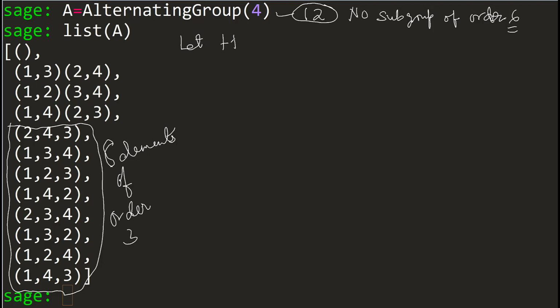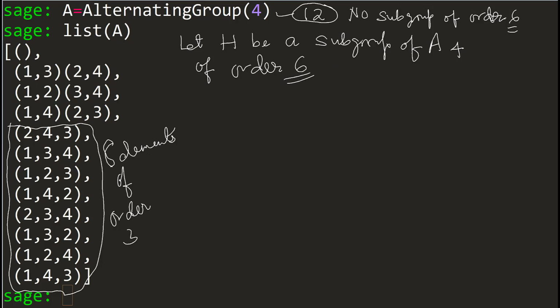So let H be a subgroup of A4 of order 6. Say we have one. So now what will happen? These are the 8 elements of order 3.